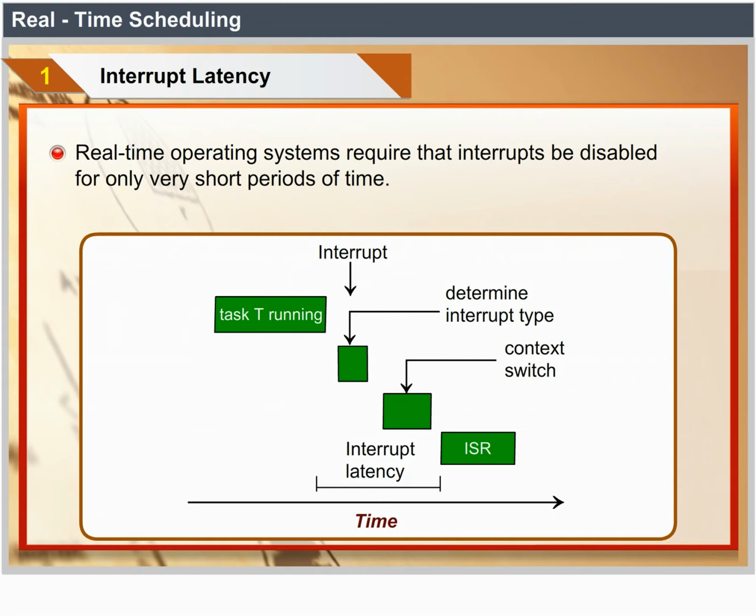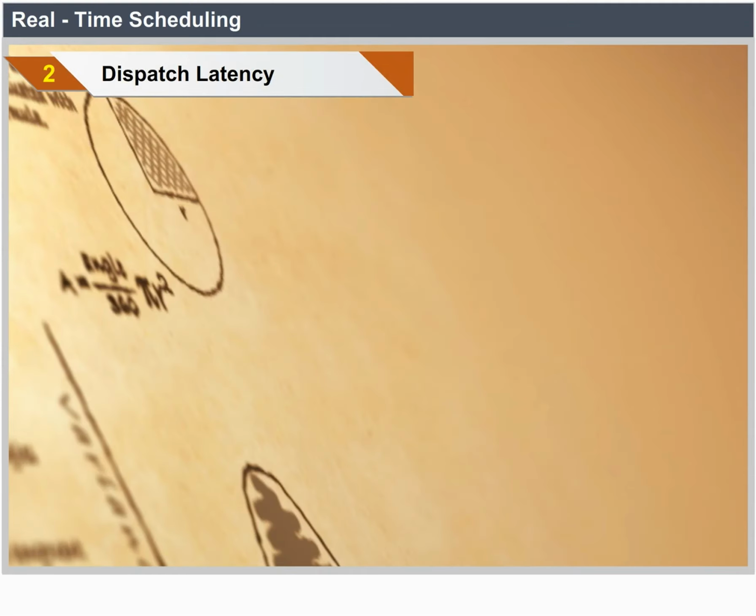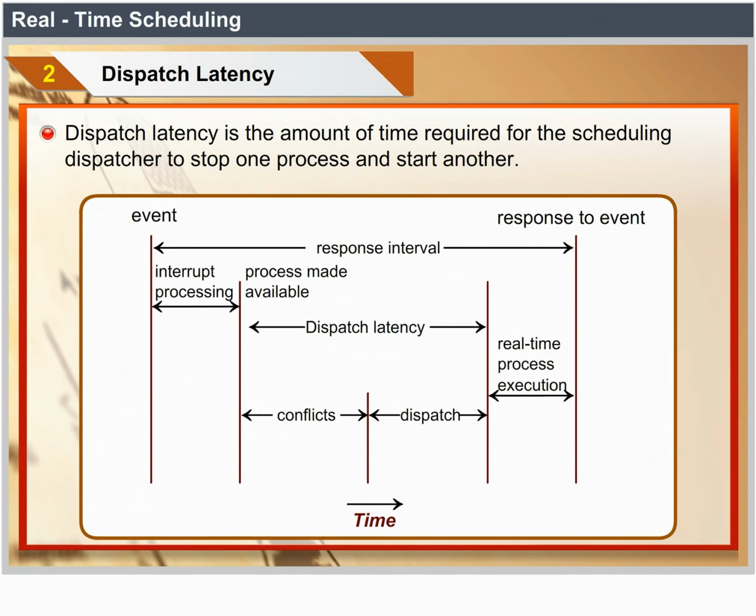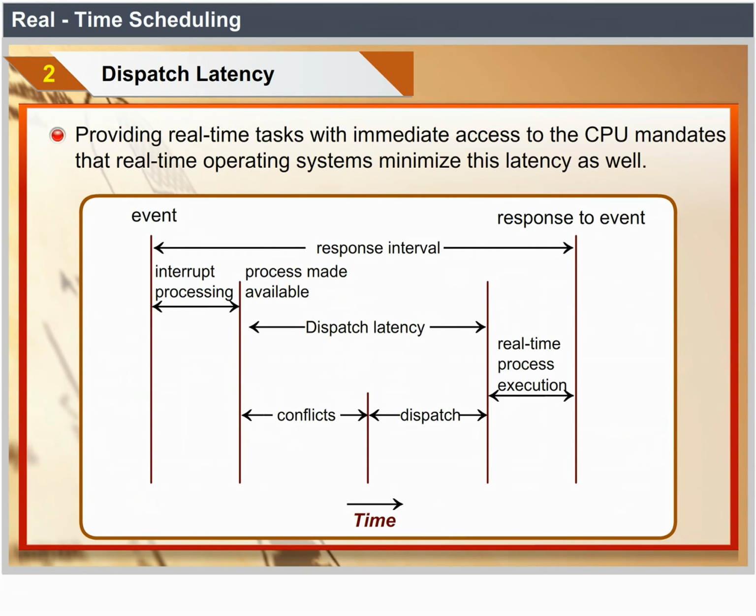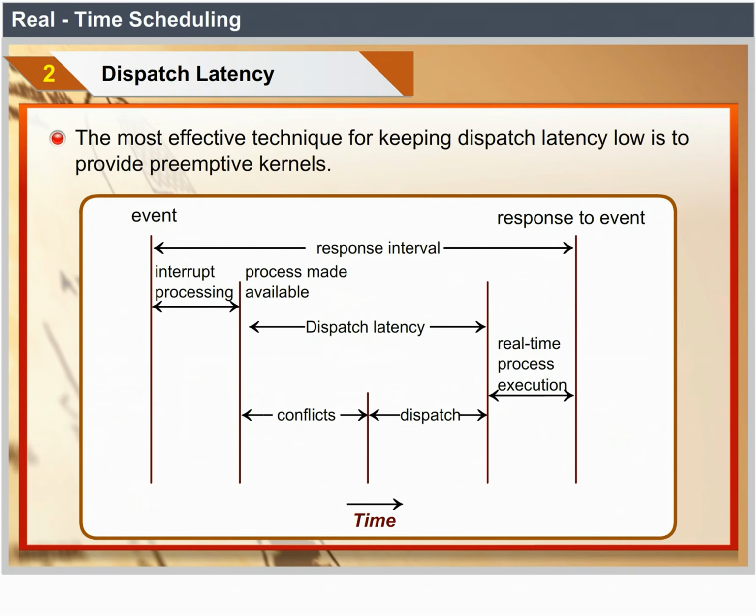Dispatch latency. The amount of time required for the scheduling dispatcher to stop one process and start another is known as dispatch latency. Providing real-time tasks with immediate access to the CPU mandates that real-time operating systems minimize this latency as well. The most effective technique for keeping dispatch latency low is to provide preemptive kernels.